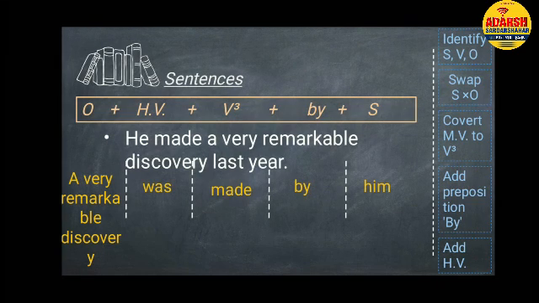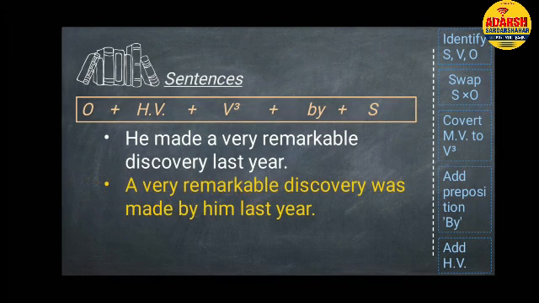So here you can see we put the correct helping verb. Now let's combine the sentence by adding time adverbial last year: a very remarkable discovery was made by him last year. We put our time adverbial at the end. So here we have done one more example.